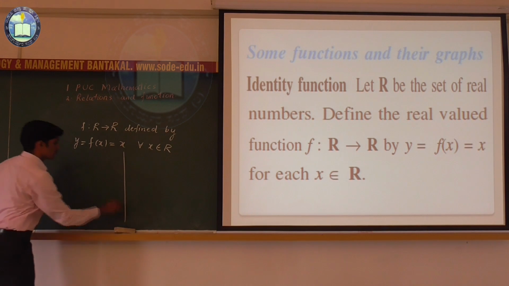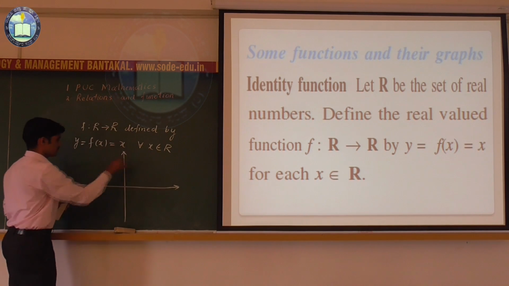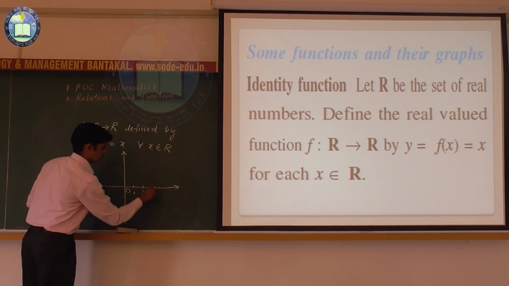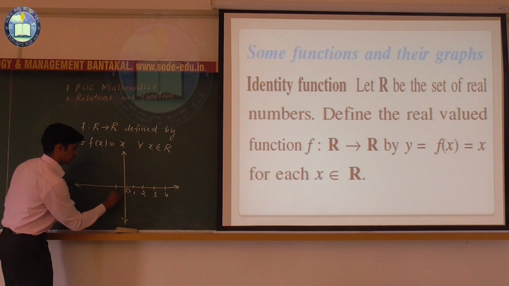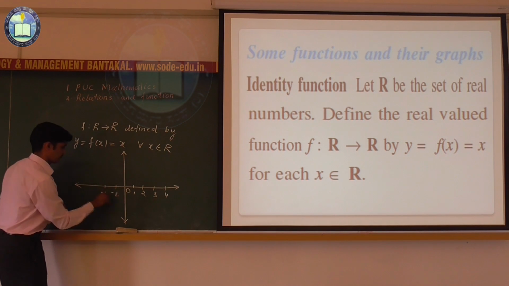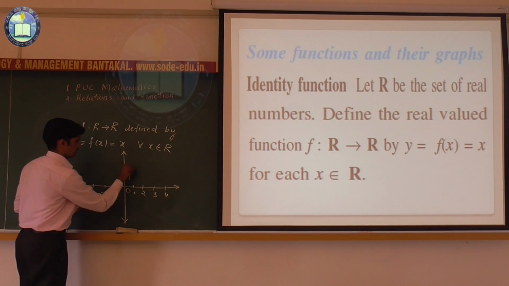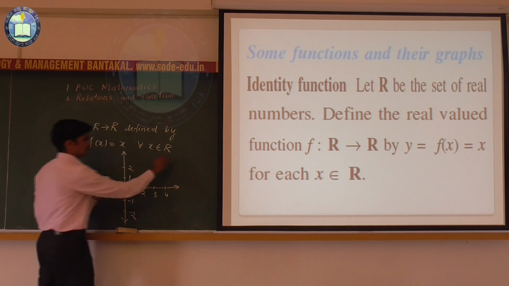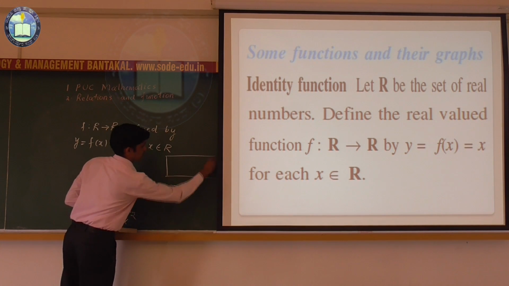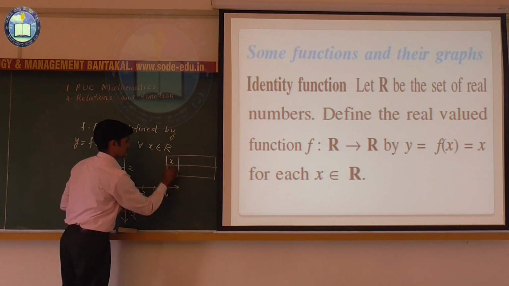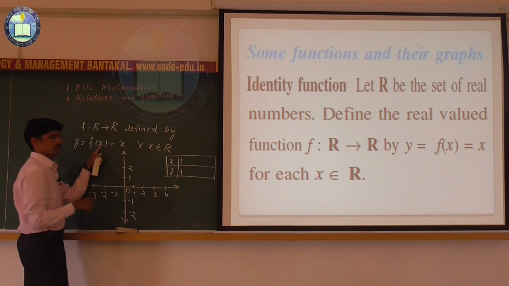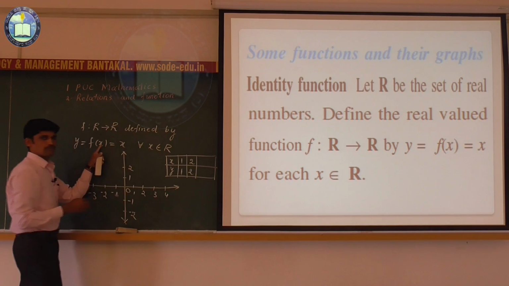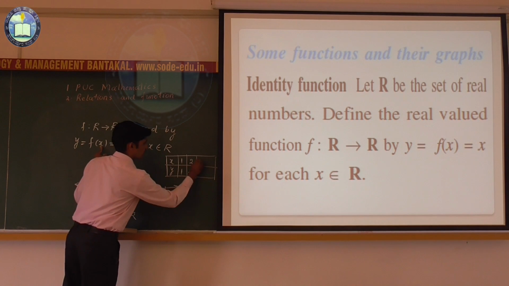If we observe the graph of this function, if we give x is equal to 1, then value of y is also 1. If you give x is equal to 2, value of y is also 2. If you give x equal to 0, value of y is also 0.